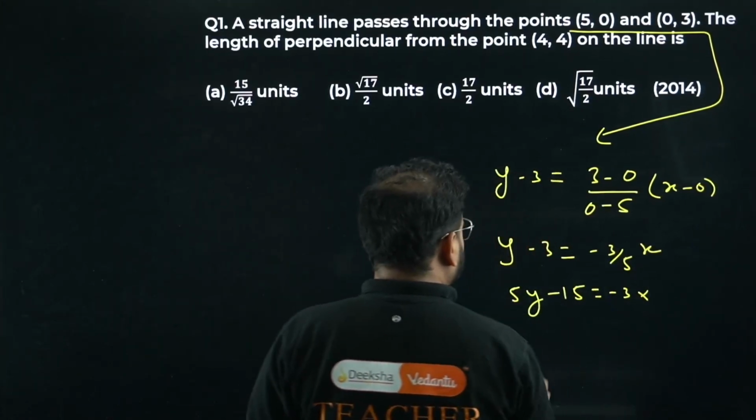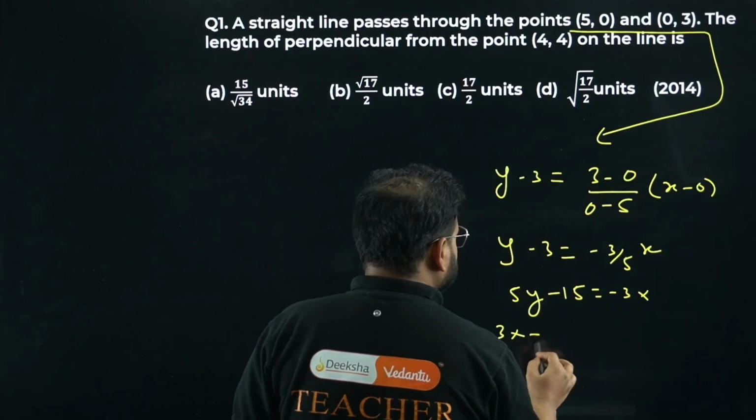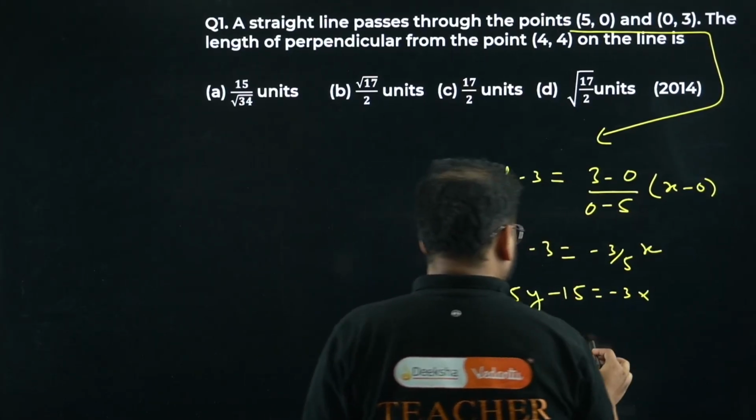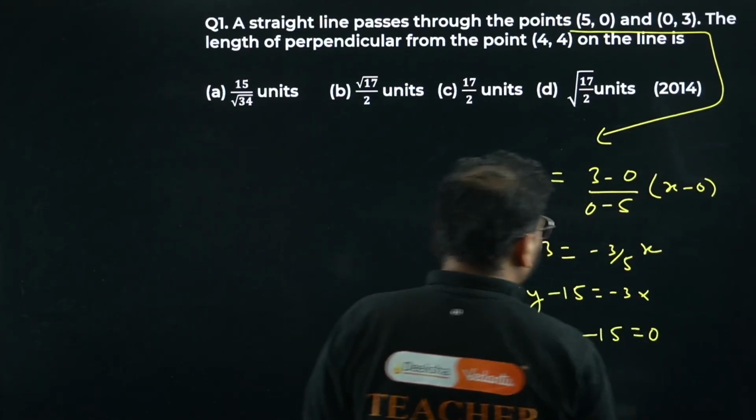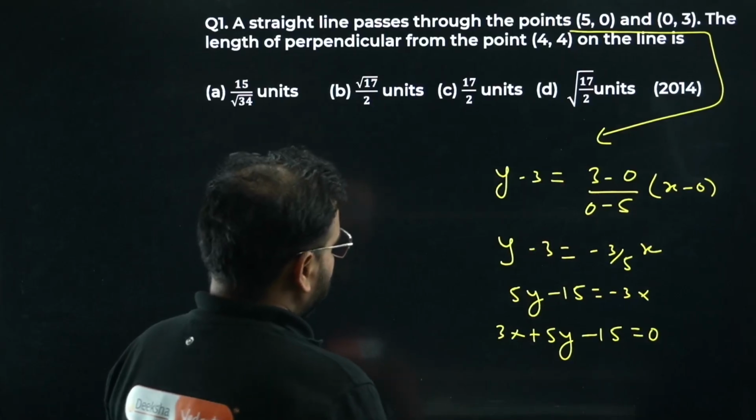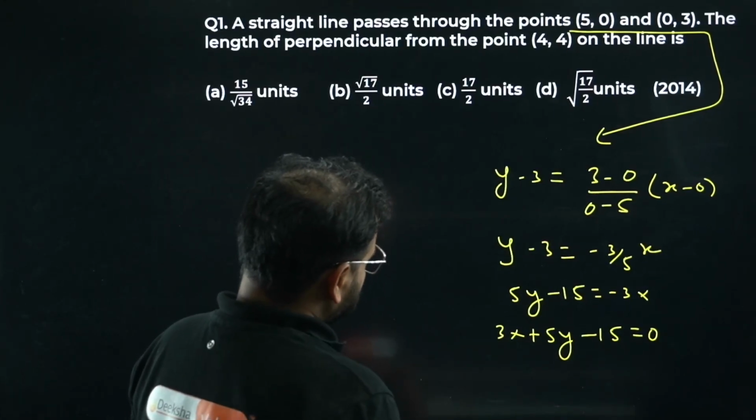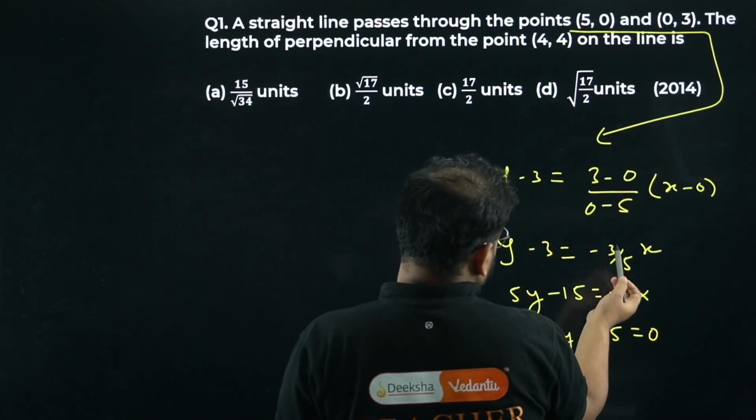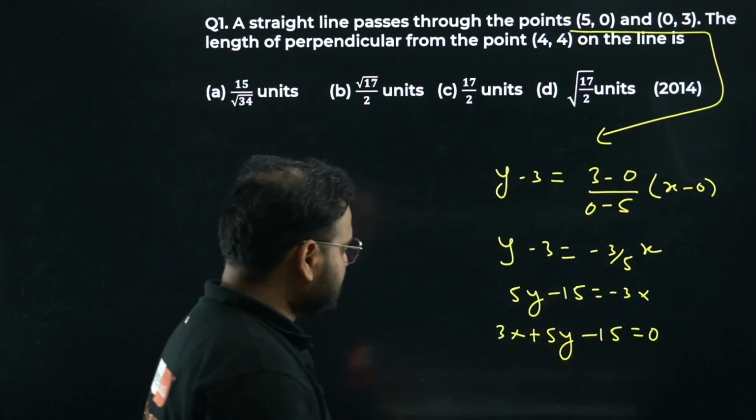Bring it on the side, you get 3x plus 5y minus 15 equals to 0. Great, correct.